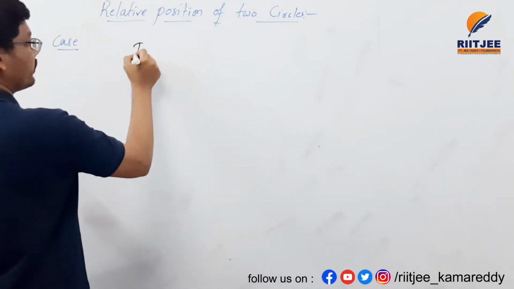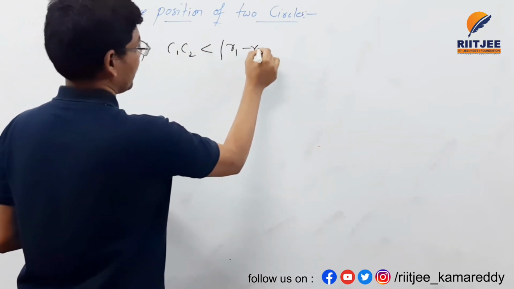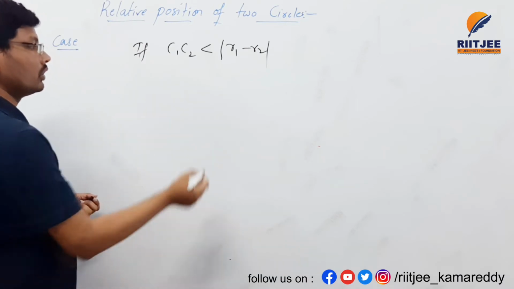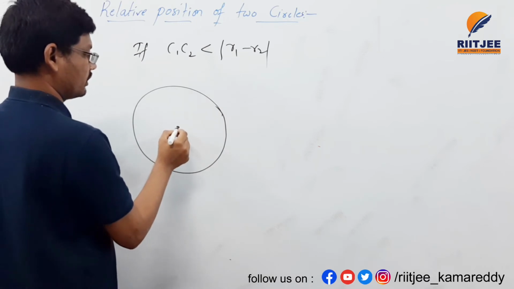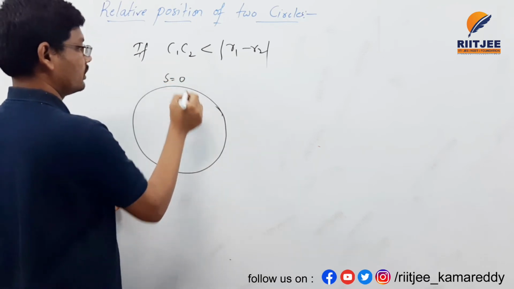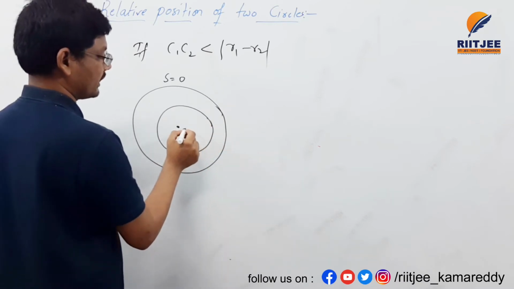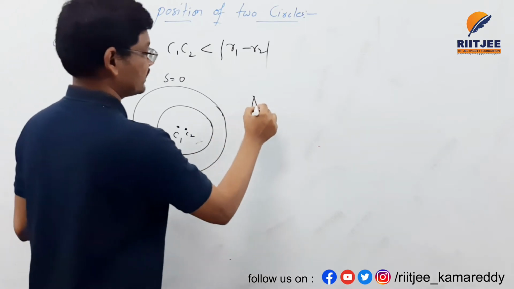if C1 C2 is less than R1 minus R2. If C1 C2 is less than R1 minus R2, here if you draw a circle like this, this is having C1, S is equal 0, and if you draw one more circle that is having C2 here, no tangents are possible.